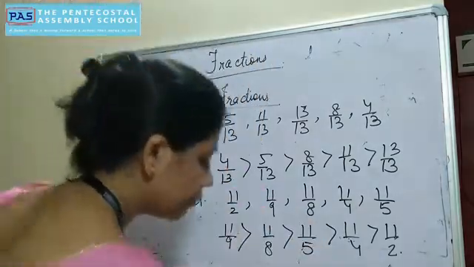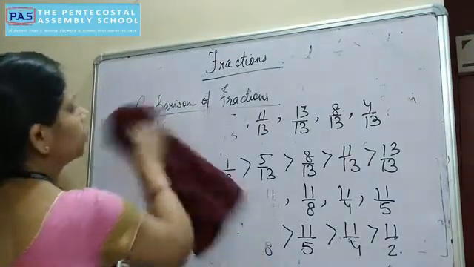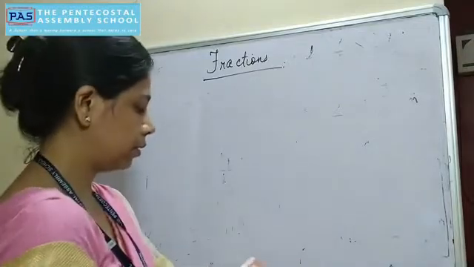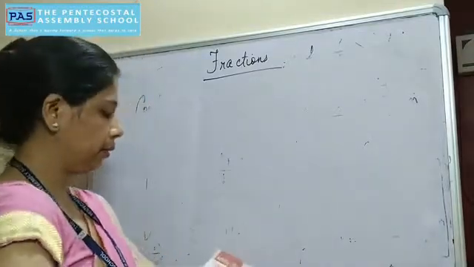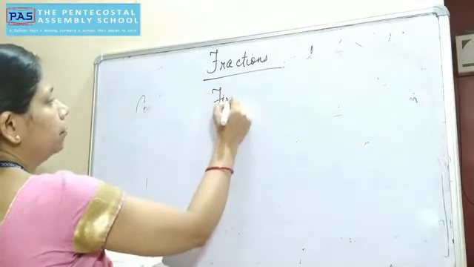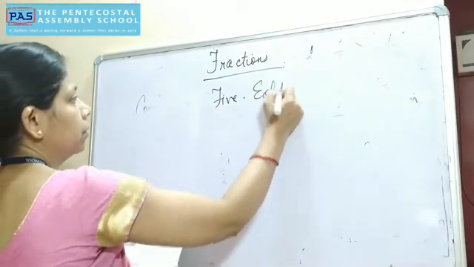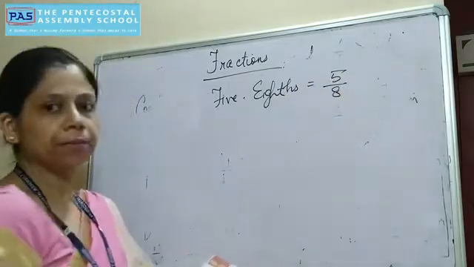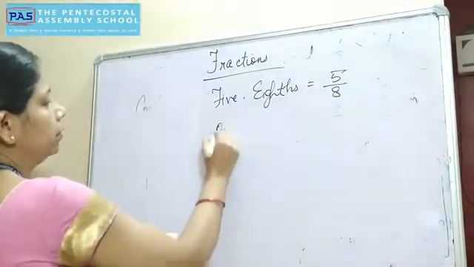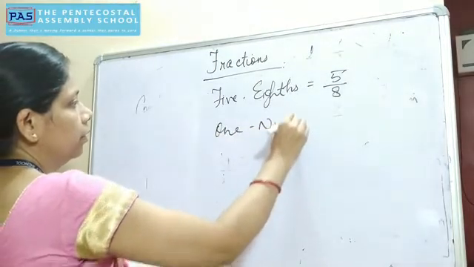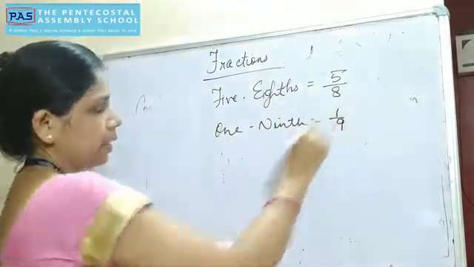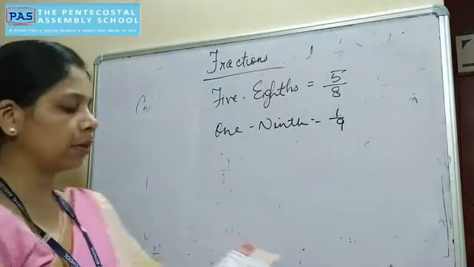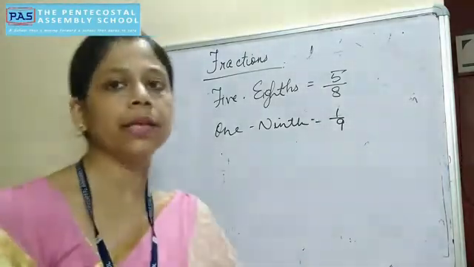You will write as 5 by 8. 1/9, you write as 1 by 9. Then here it is written to write the numerator and denominator.